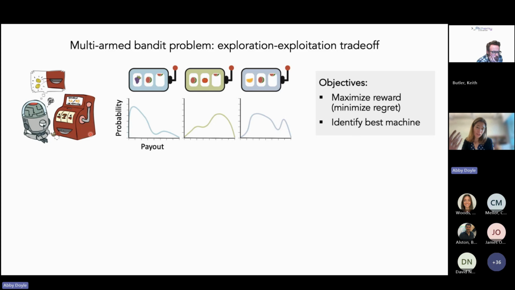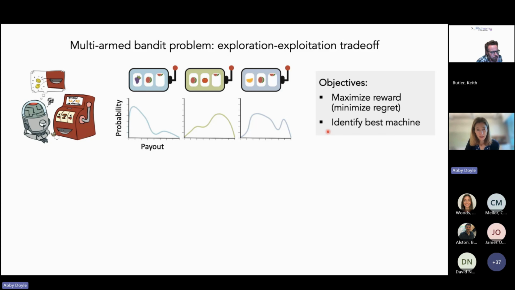When you're playing slot machines, your goal is to maximize your reward and to identify the best slot machine. But of course, you have a certain budget. And when you start off, you don't know what the probability distribution is of these slot machines, and so you're going to need to explore them. And then as you learn something, exploit the ones that have the best payout distributions in order to maximize your reward.